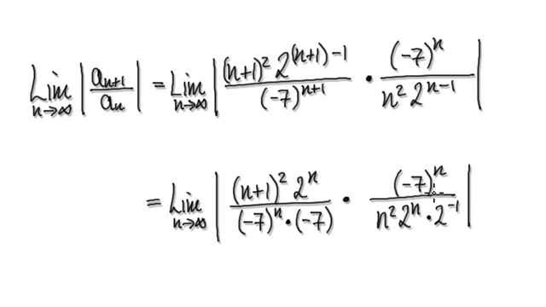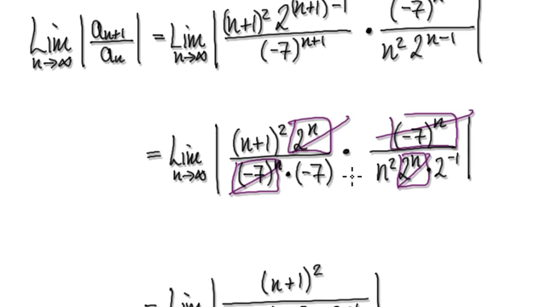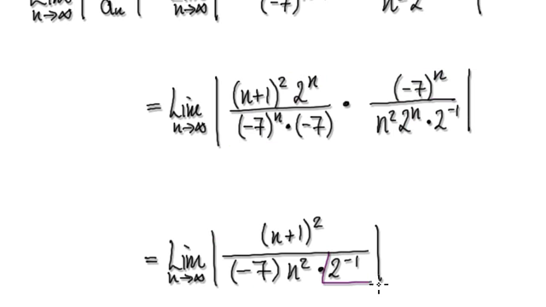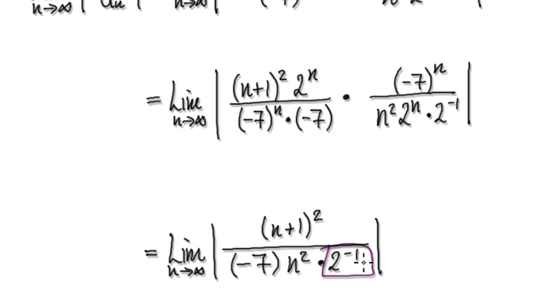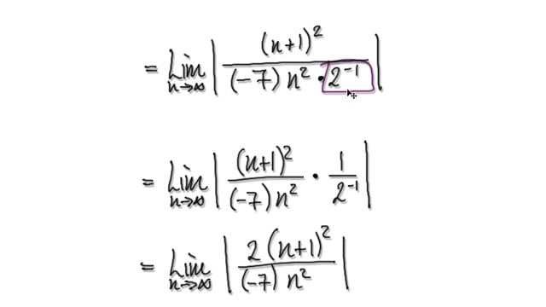So now this will cancel out with this, and then this thing here will cancel out with this thing here. That will just leave you with this, and then you've still got this annoying 2 to the power of negative 1. So let's isolate that. Visualize this as one block here.